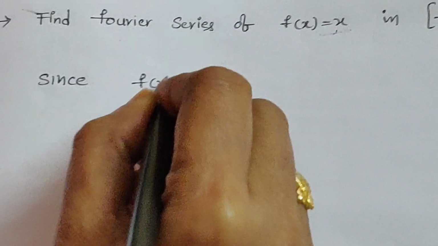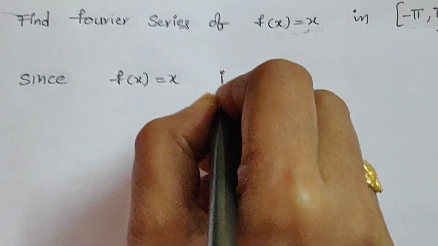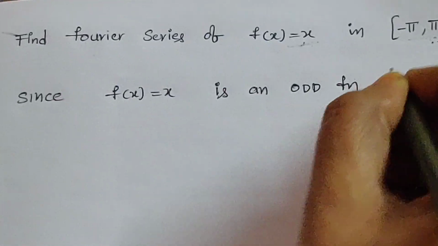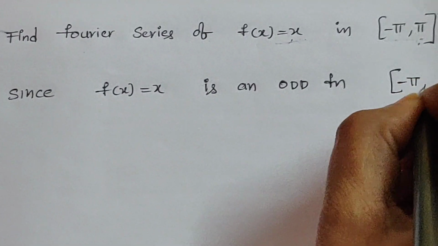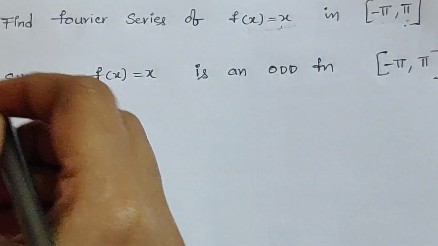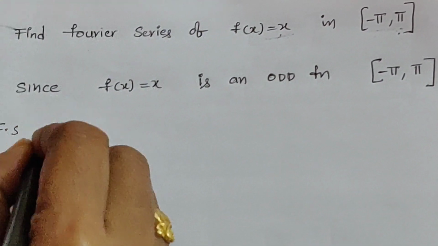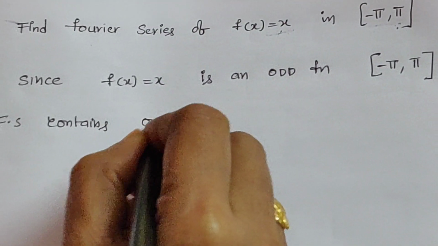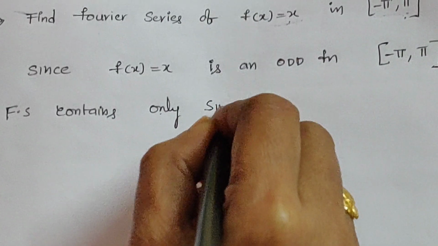Here, since f of x equal to x is an odd function defined in the interval minus pi comma pi, Fourier series contains only sine terms.